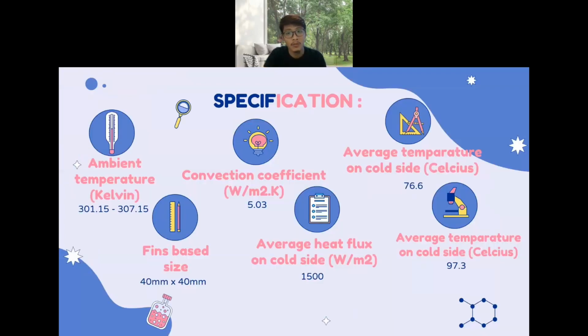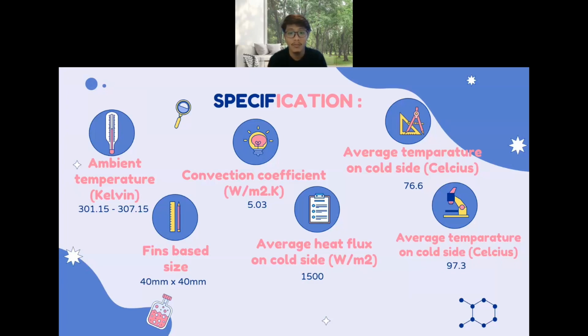After that, for the specification, the ambient temperature in Kelvin is 301.15 to 307.15, and then the convection coefficient is 5.03 watt per meter square K. And then the average temperature on hot side is 76.6 Celsius, and the fin base size is 40 mm times 40 mm.